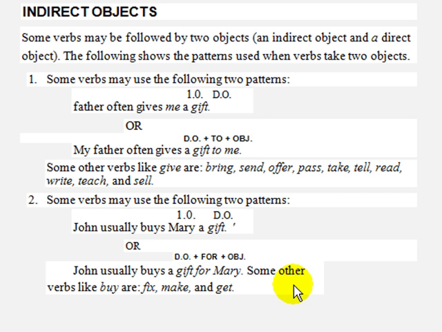And so we use those two forms, which is very much like the form in number 1, except for a change in preposition. This also applies to words such as fix, make, and get. I might say, "John makes a gift for Mary," or "makes Mary a gift."